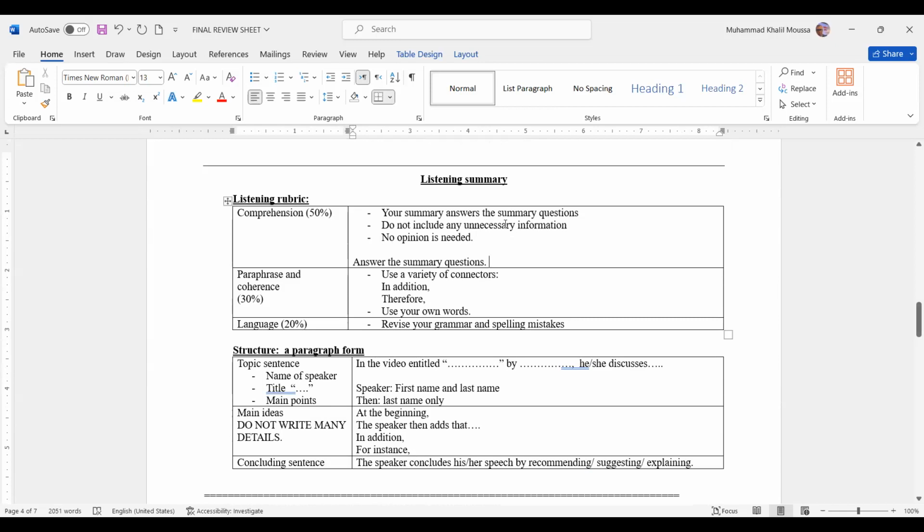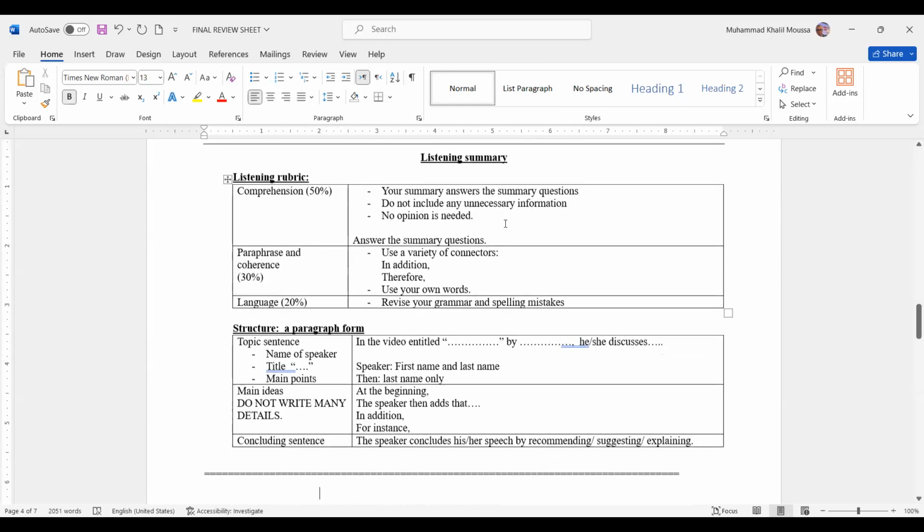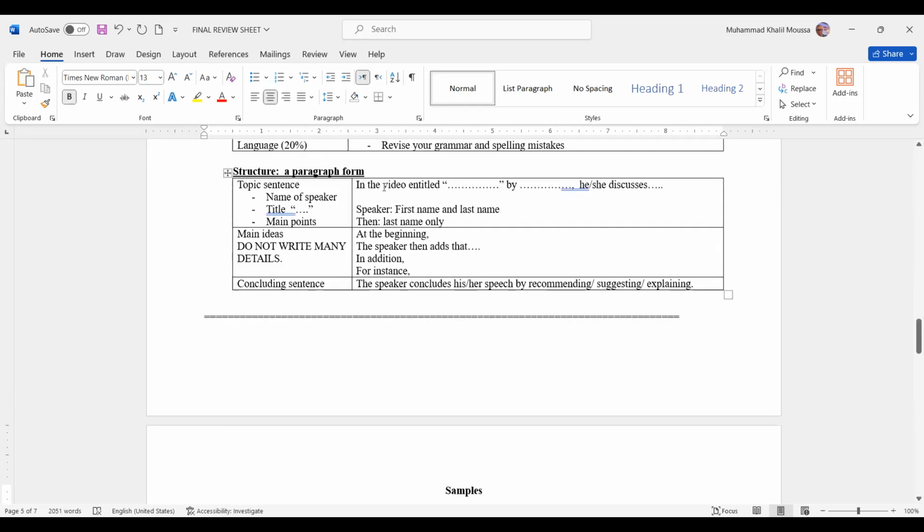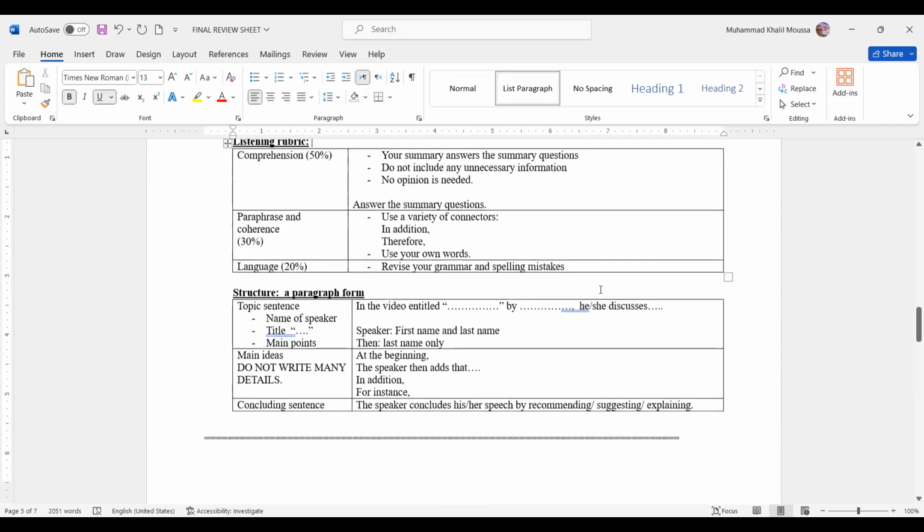You will listen twice. The most important thing is to provide the topic sentence: in the video entitled such and such by so and so, he or she discusses what. And then when you explain the points, you have to say the speaker adds, the speaker moves. In addition, for example, finally, the speaker ends her speech by recommending, suggesting, so you have to provide a paragraph form.